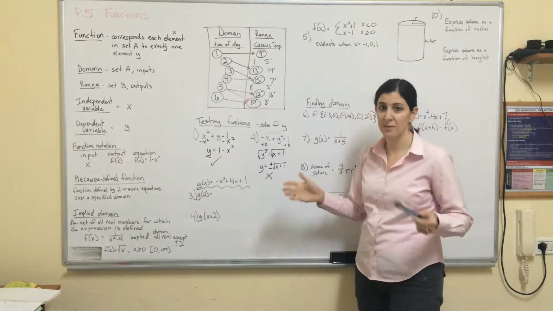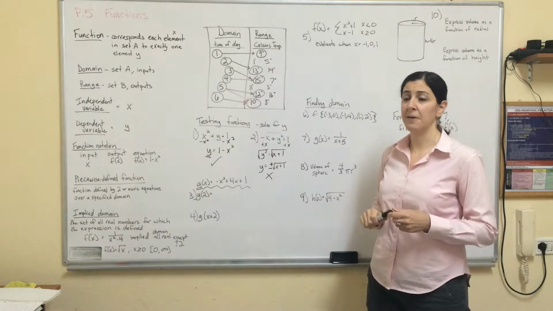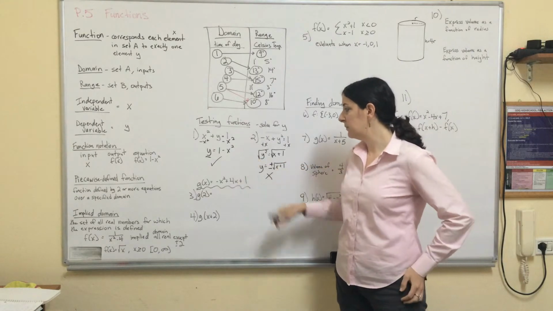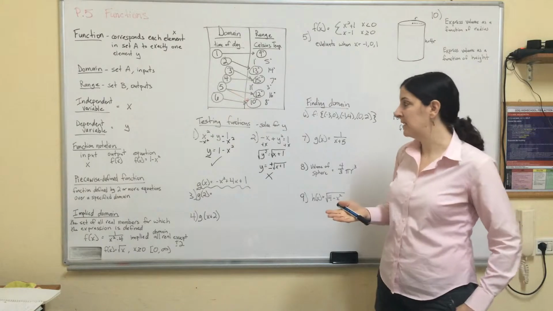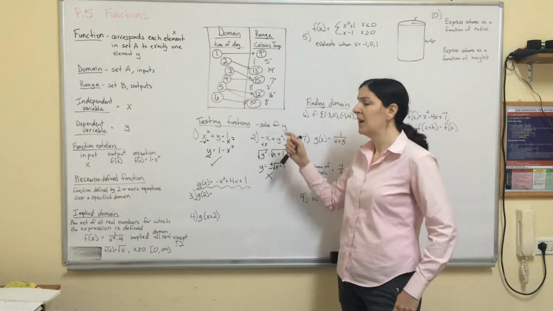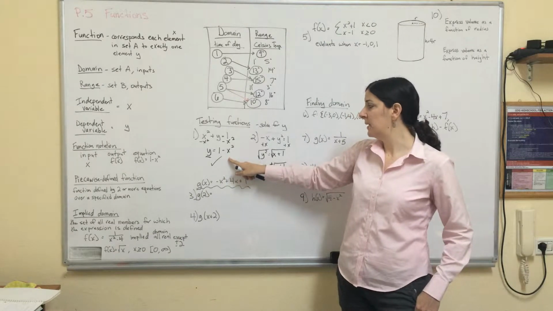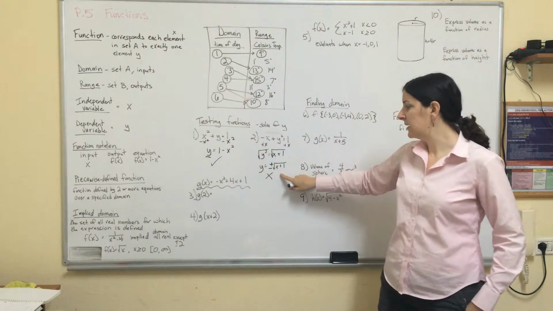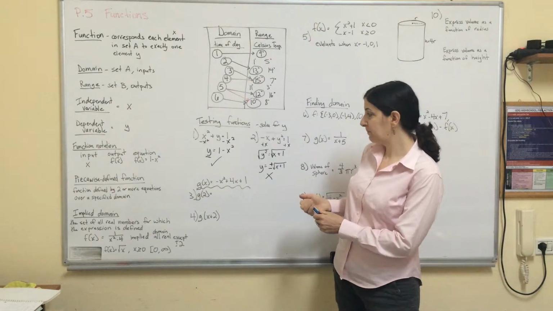That's okay as far as it being an equation, but it won't be classified as a function. That's the difference between those two. So if you want to test an equation to see if it's a function, solve for y. If you have one answer, then it's a function, and if it has two answers like this one, it will not be a function.